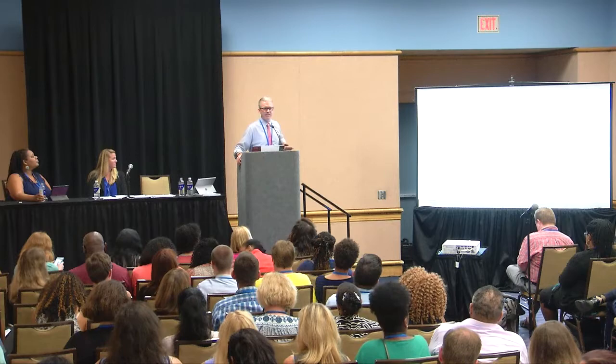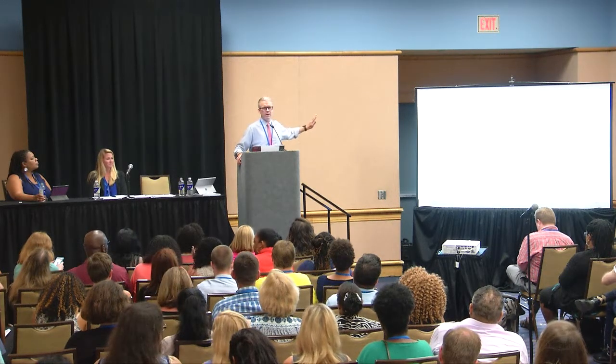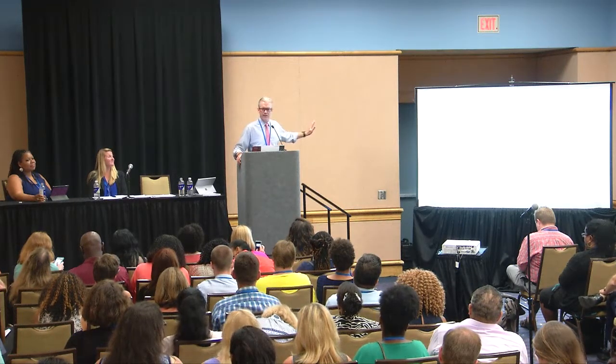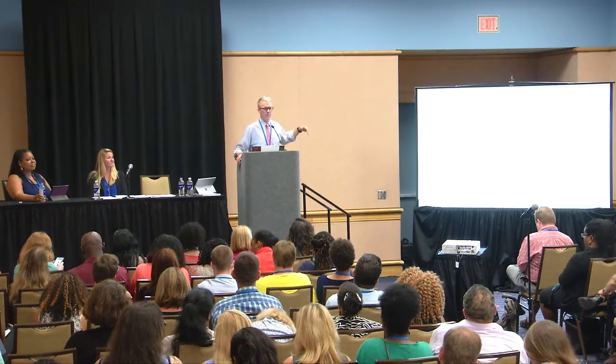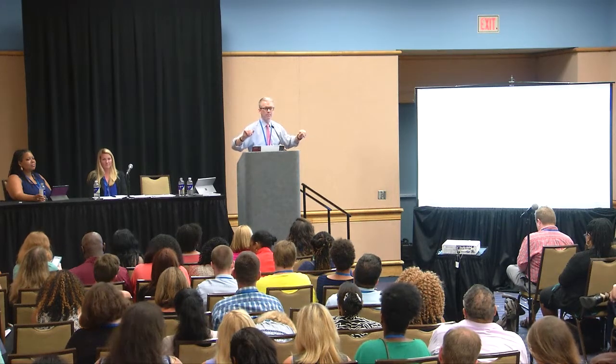I've seen it as a TA provider and as a housing provider myself as a real problem area where people have gotten into trouble, had to owe money to HUD because they had improper rent calculations or not well-documented rent calculations underpinning all that money going out.